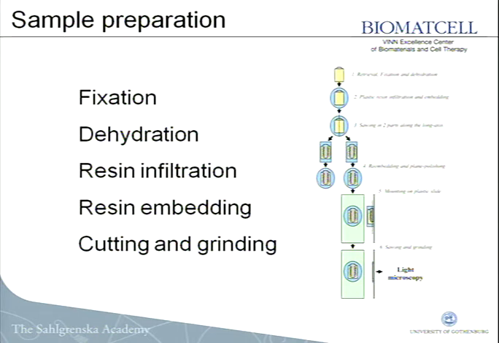When you have retrieved it, it's important to fixate the tissue, cross-linking the proteins by chemical means, usually formalin. Then there's a dehydration process where you take all the water out from the tissue. You resin infiltrate it and embed it so you have a workable block.